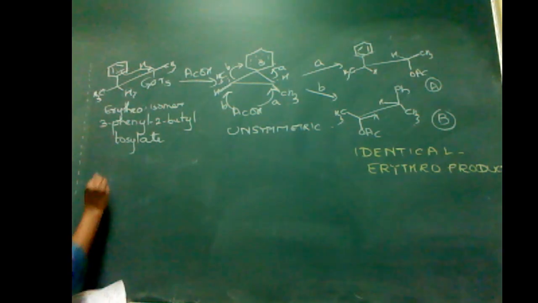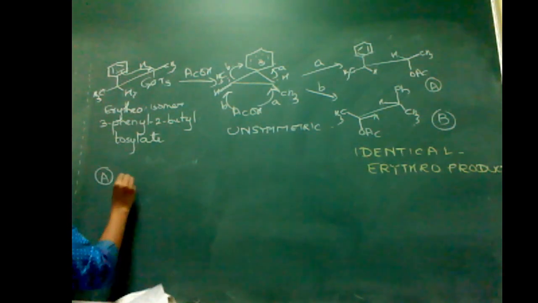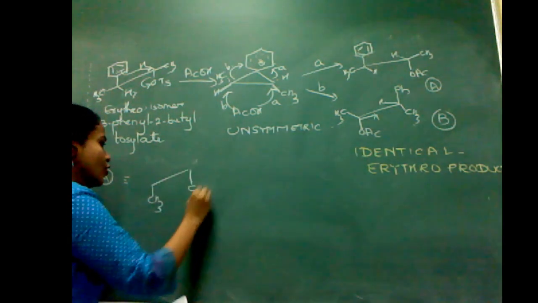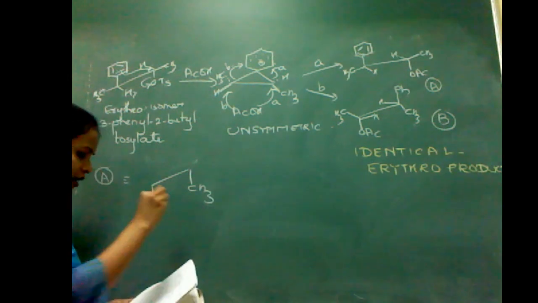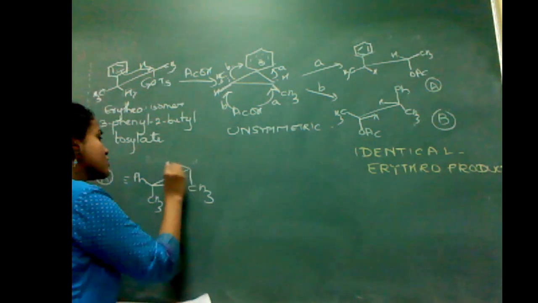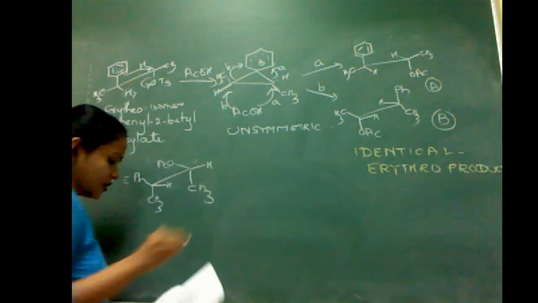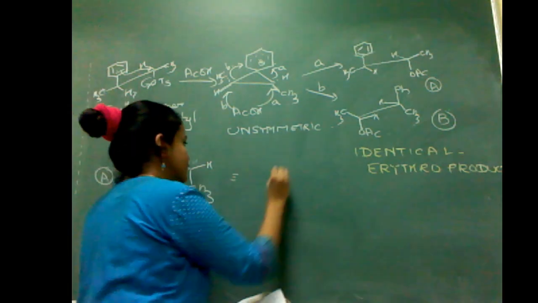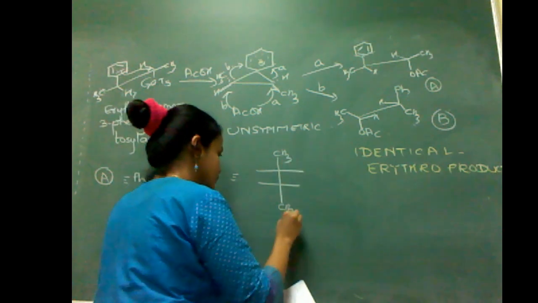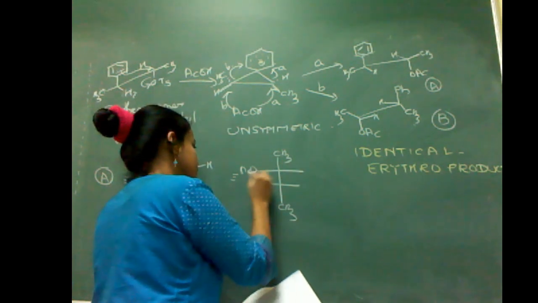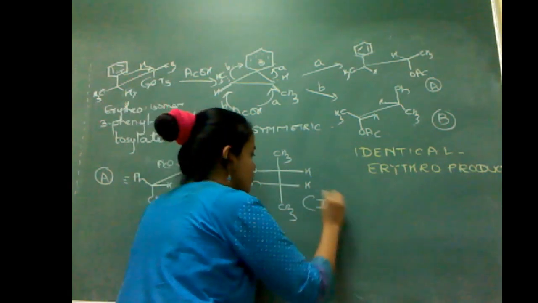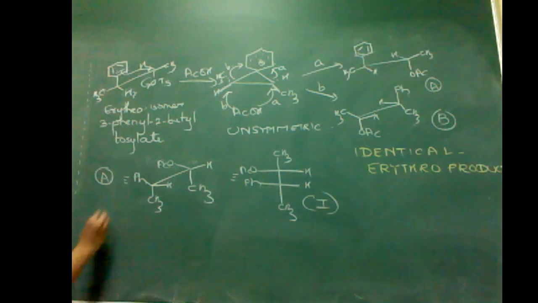So your structure A, you try to write it so as to convert it into a Fischer projection formula. Let us try to write it in the form of an eclipsed sawhorse representation. So this is your structure 1.